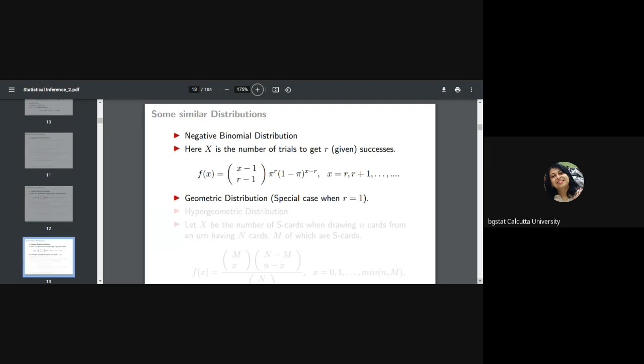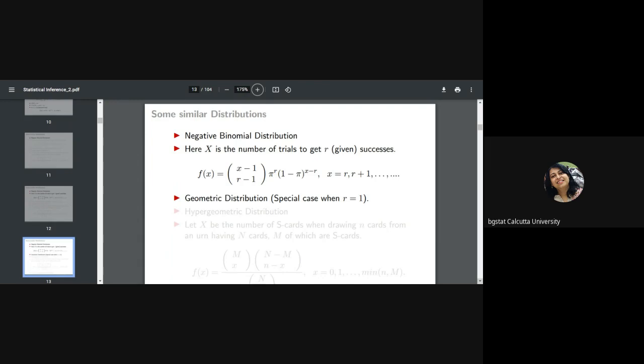I hope you understand the difference in the experiment which generates the binomial distribution and the negative binomial distribution. For the binomial distribution, we decide that we will toss the coin n times. So say n is equal to 10. We stop at 10 tosses, and then we see how many successes we had, maybe how many heads we had in tossing the coin.